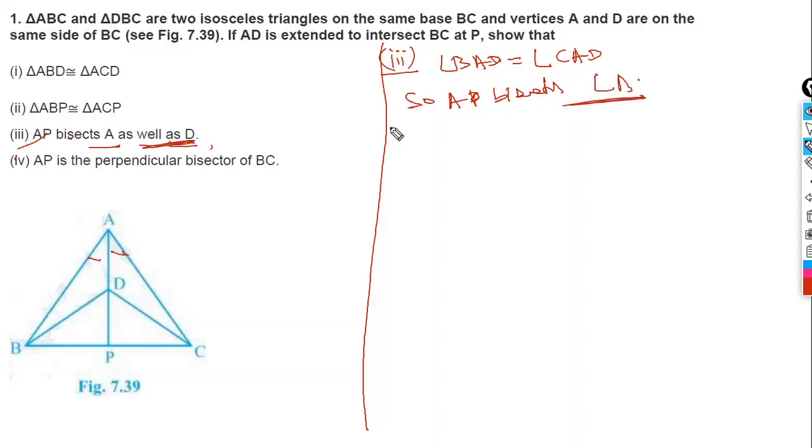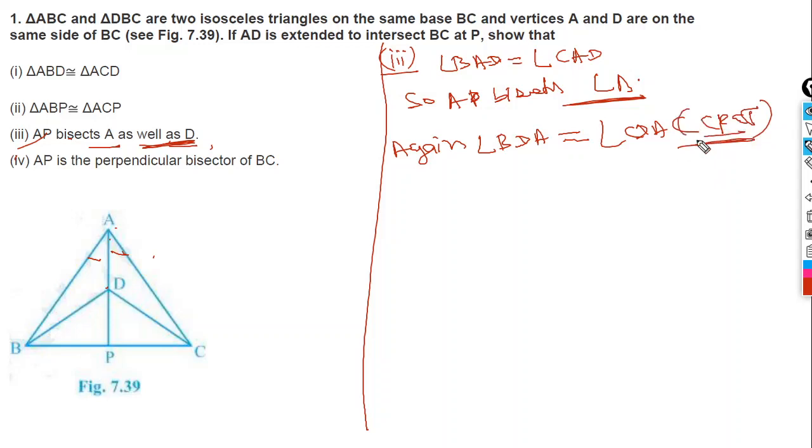Now we'll move to the second part. Again, angle BDA equals angle CDA. Why? CPCT, corresponding parts of congruent triangles.